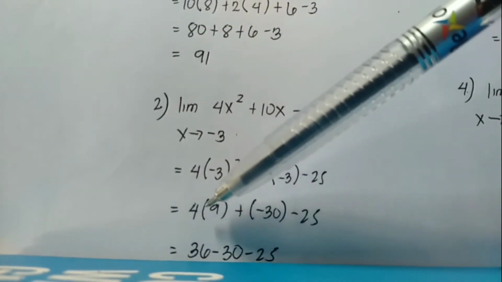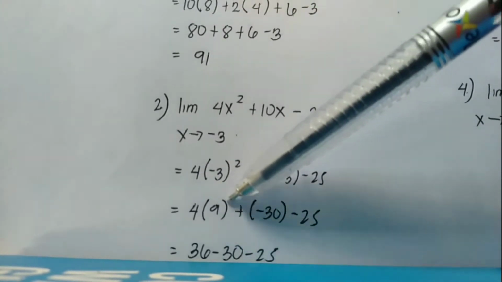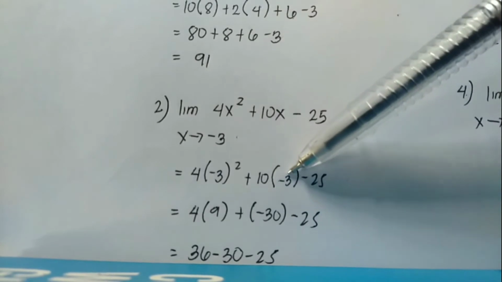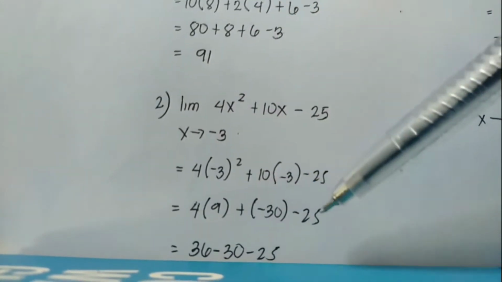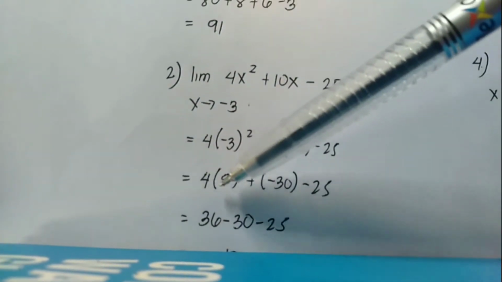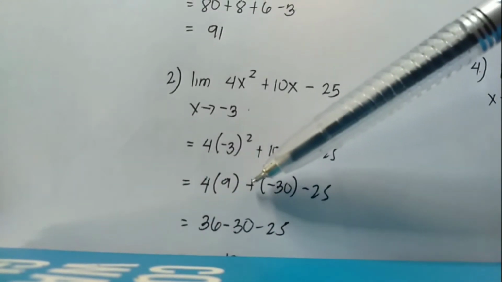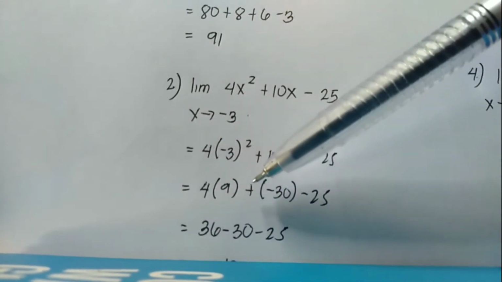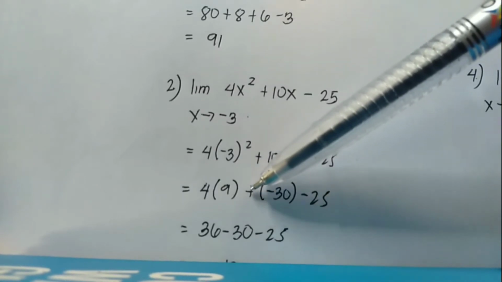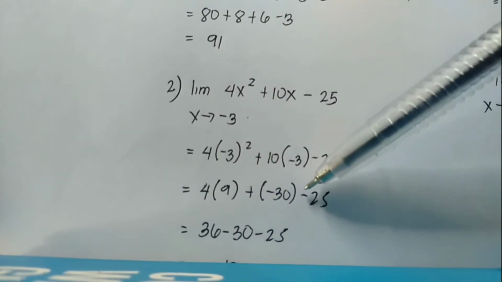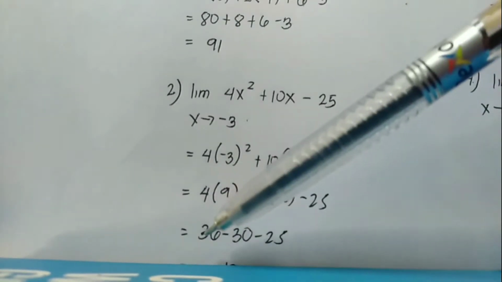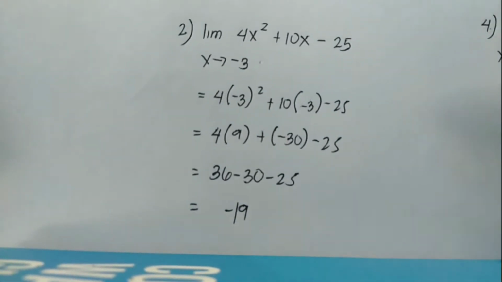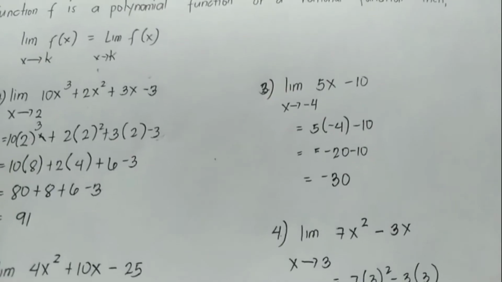So 4 times 9 plus 10 times negative 3 is negative 30, minus 25. So 4 times 9 is 36. Then 36 minus 30 is 6, minus 25 is negative 19.